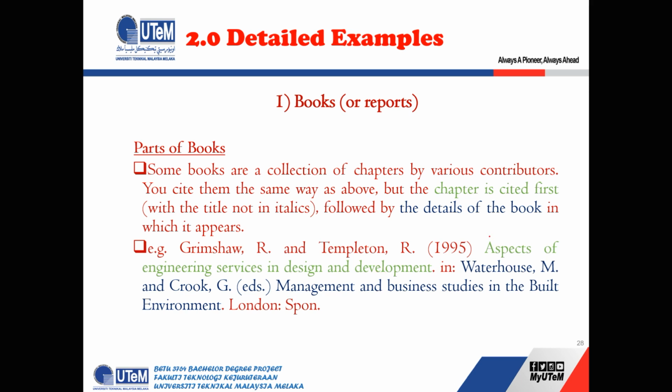Okay, so this is the chapter in the book. In which book? In Waterhouse, and this is the editor names. Okay, we have mentioned here editors, and this is the name of the book, Management and Business Studies in the Built Environment. Where is it published? London, Spon. Okay, so you have to give all this information. If you are referencing a particular chapter, you have to give the name of this chapter as well.